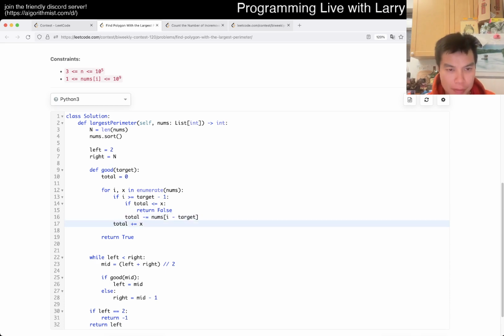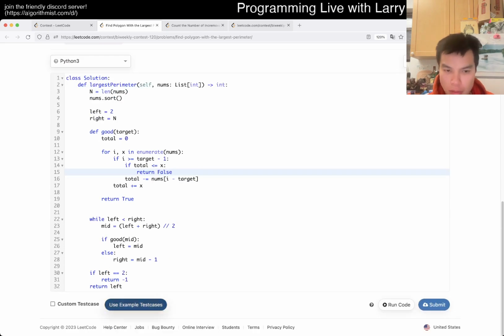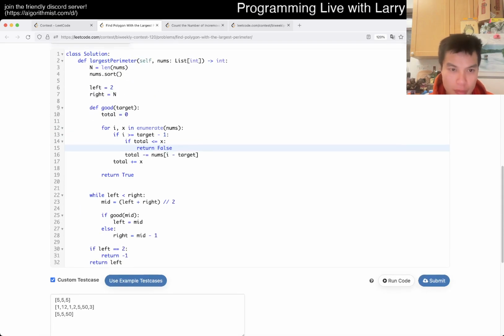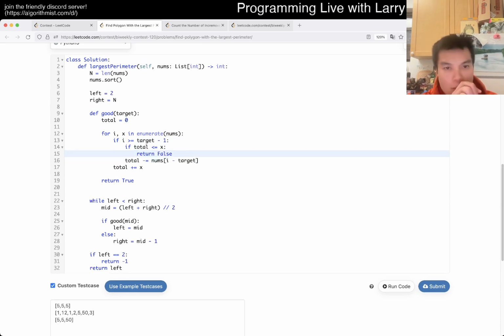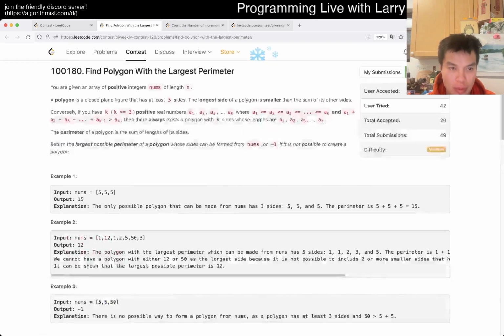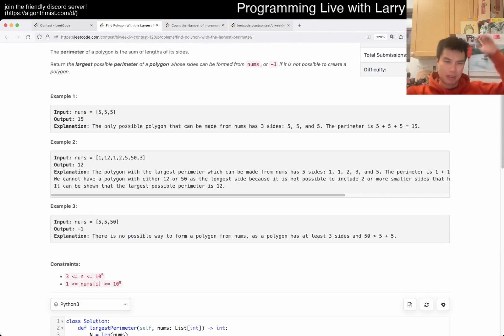It's a little bit weird the way I'm writing it. That's not good. Oh, I messed up.